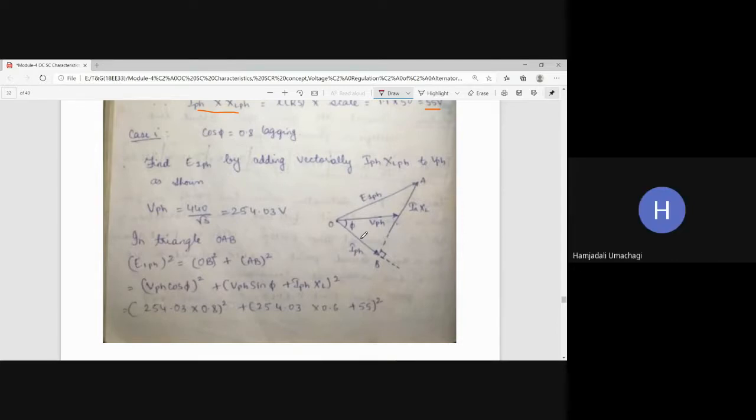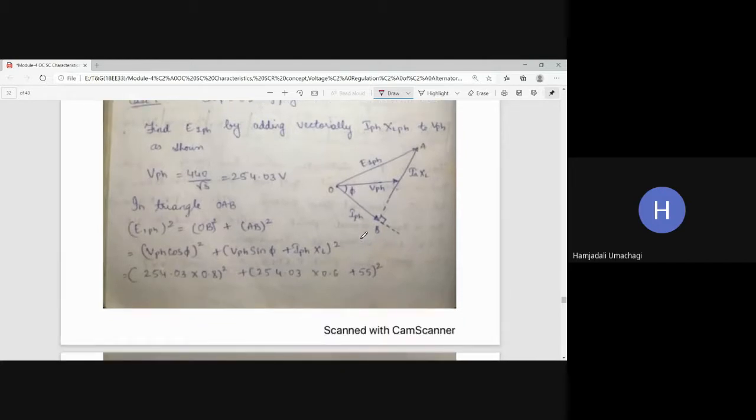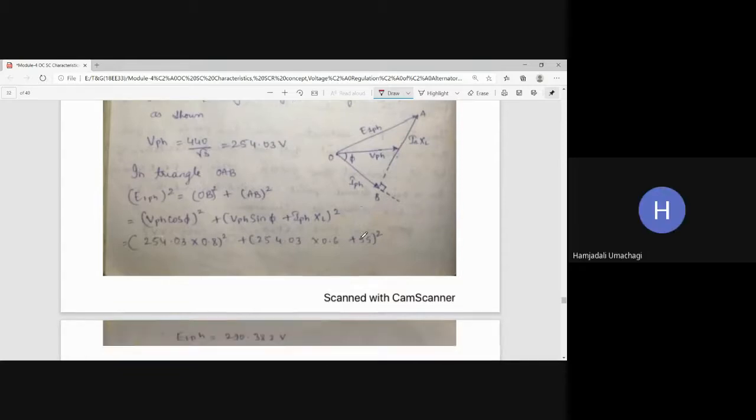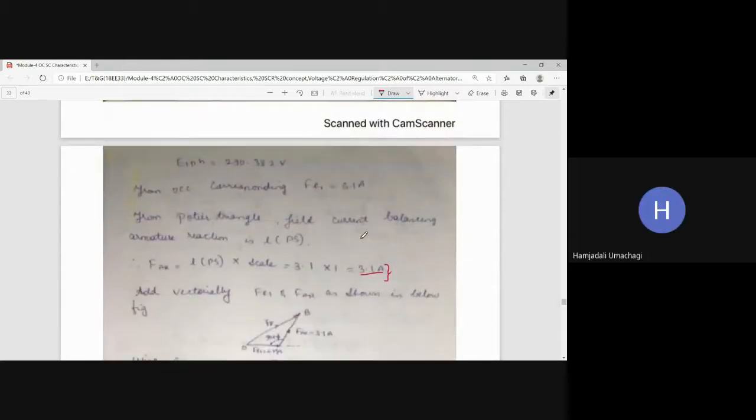Okay, now round it to 3.1 here. If you solve it that way, no harm, but it gives some errors for the entire problem. In the problem, the notation for IF2 has been taken as FAR. We know that IF2 is equal to FR, yes or no? So simply follow the one notation. IF2 is equal to length of PS into scale, that is 3.1 into 1, equal to 3.1 ampere.